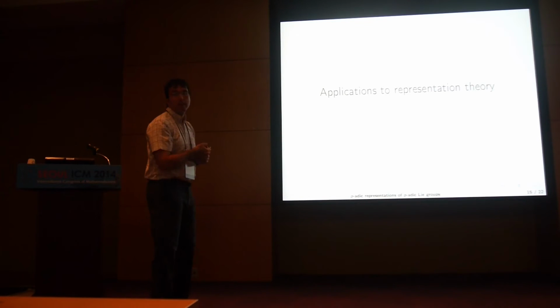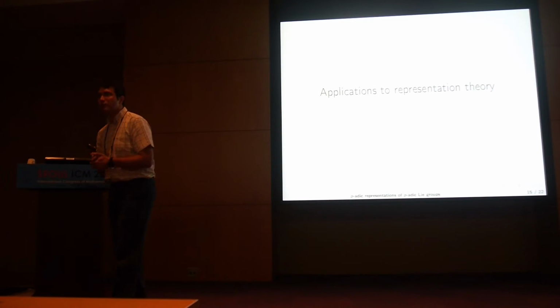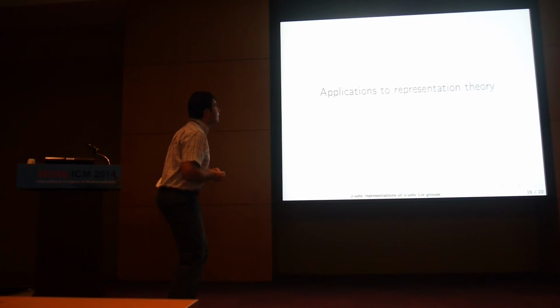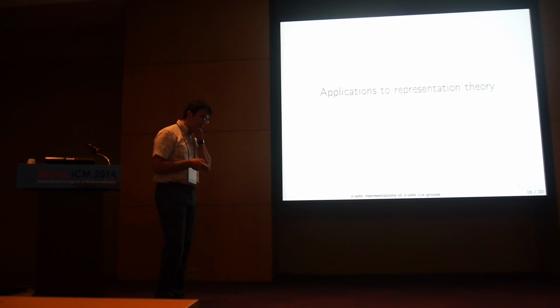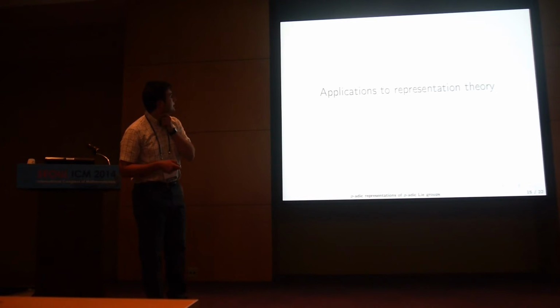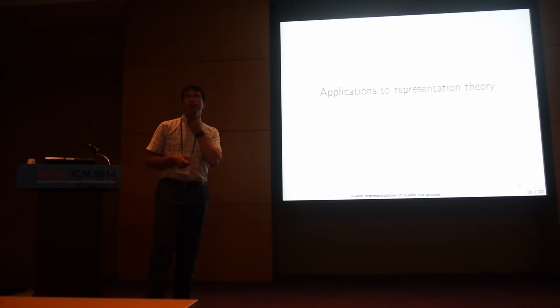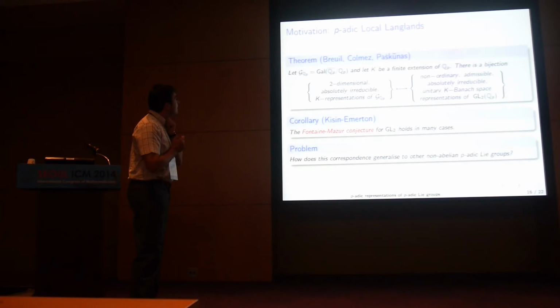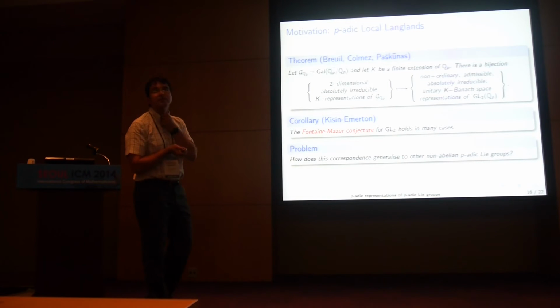Now I'd like to talk about some applications. Why are we doing this? Well, it's all well and good to write down nice results in analogy with existing ones. We're hoping that there will be applications to representation theory of p-adic groups. Here's a kind of motivation statement from number theory.